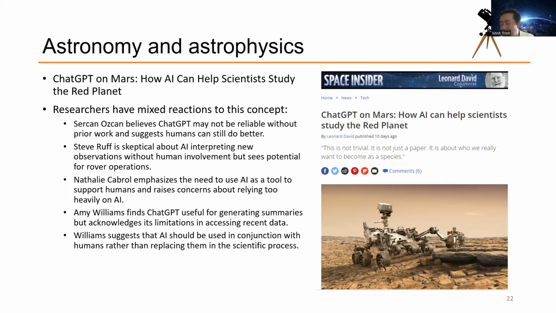Maybe it can log a report saying this is what I've seen, what I plan to do, and why I plan to do it, and this part of Mars looks interesting, and why. So maybe write something in written language. This could be an application, but at least in this article, people are a bit skeptical. They say human in the loop, etc.